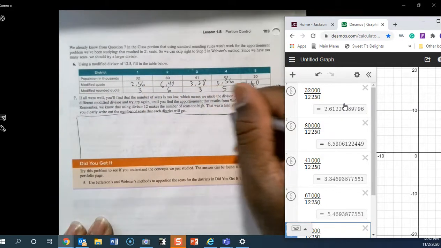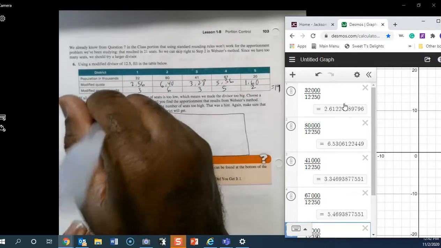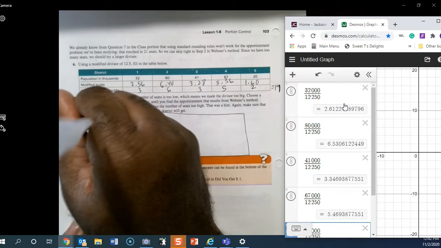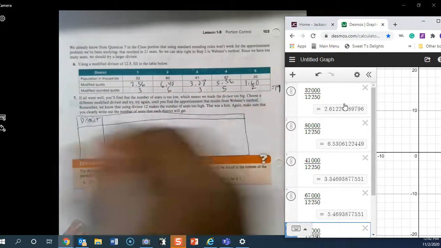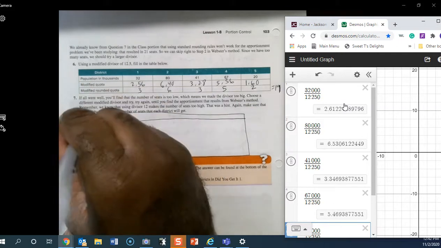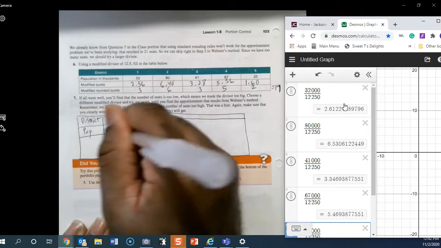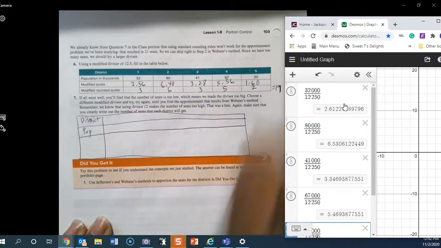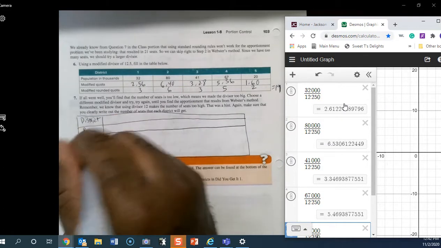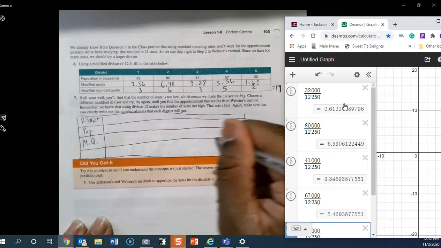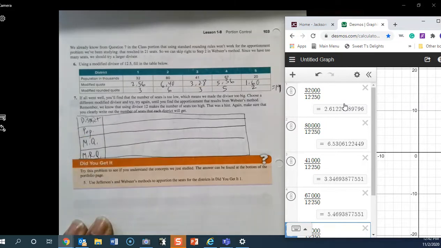For some reason, this pack is really stingy with the tables. So we add a district. We had a district, we had a population, we had a modified quota, and we had a modified MRQ, which is a modified rounded quota.